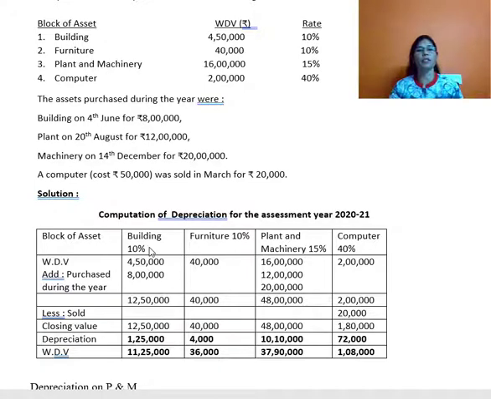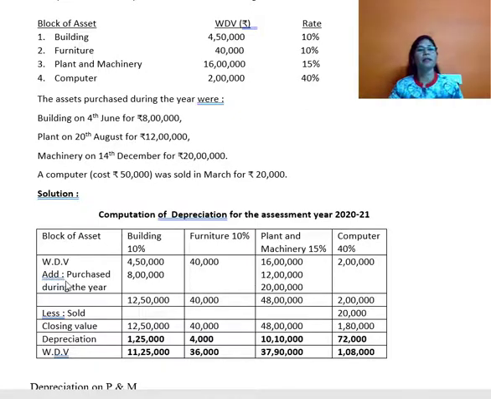And the rate of depreciation we have mentioned here: 10% for building, 10% for furniture, plant and machinery it is 15% and computer it is 40%. So first we shall take the written down value. So this is the written down value given. Buildings it is 4,50,000, furniture is 40,000, plant and machinery is 16 lakh and computer is 2 lakh.